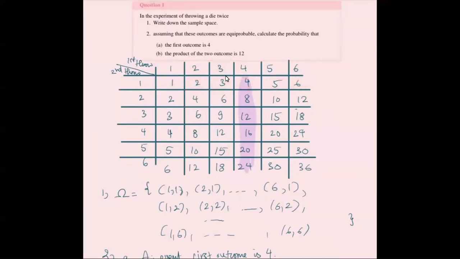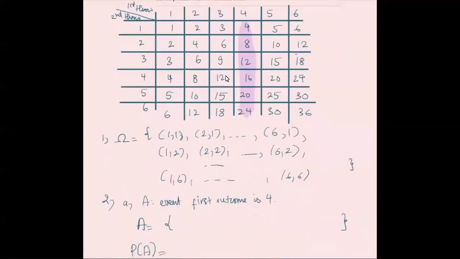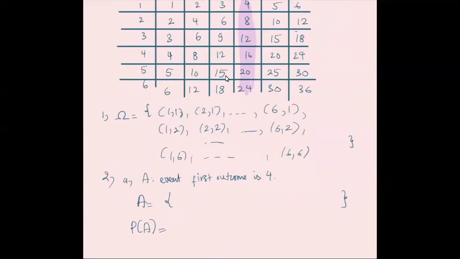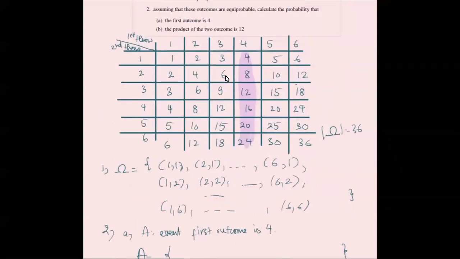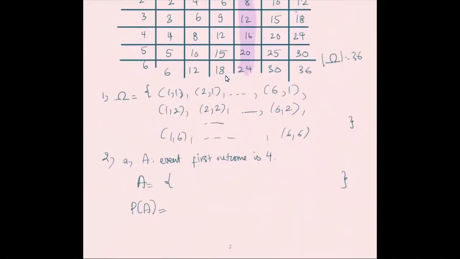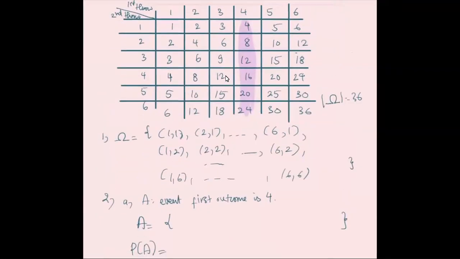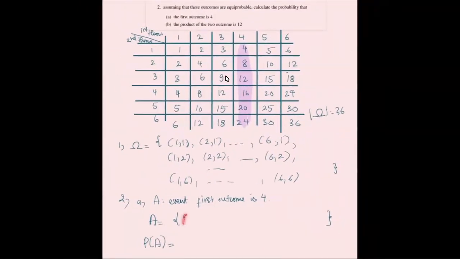They have the same probability to happen, which is 1/36, right? Because our sample space has 36 elements: 1, 2, 3, 4, 5, 6 and then 1, 2, 3, 4, 5, 6, 6 rows and 6 columns, which give us 36 elements in total.